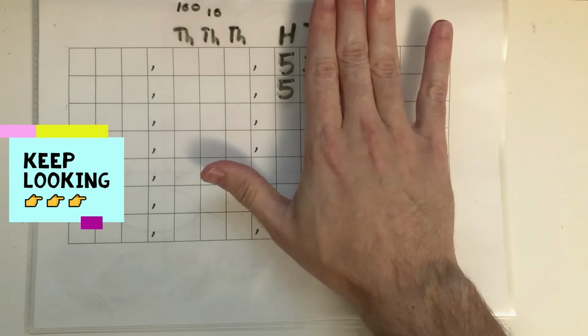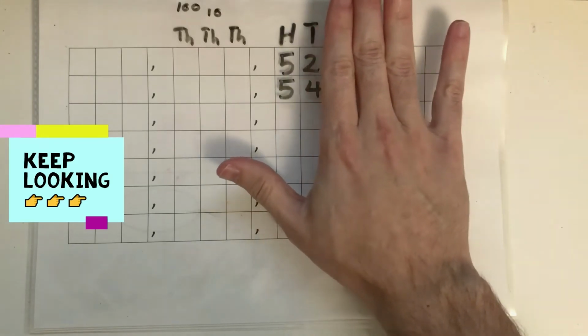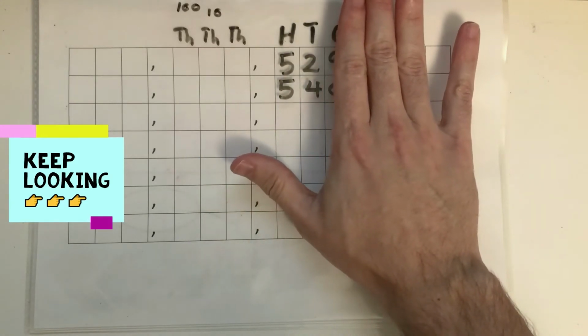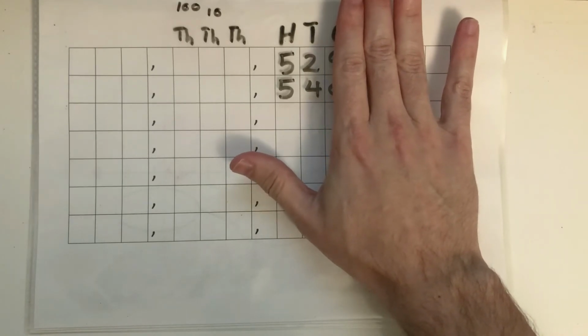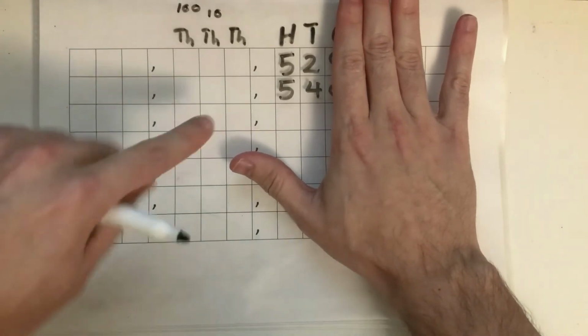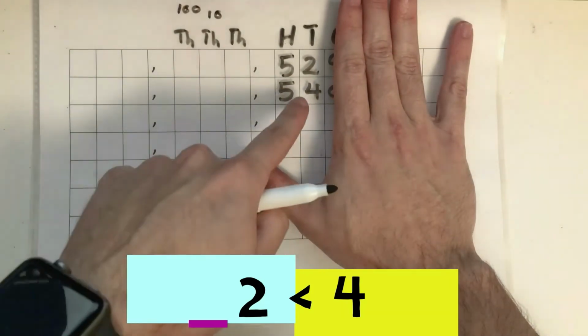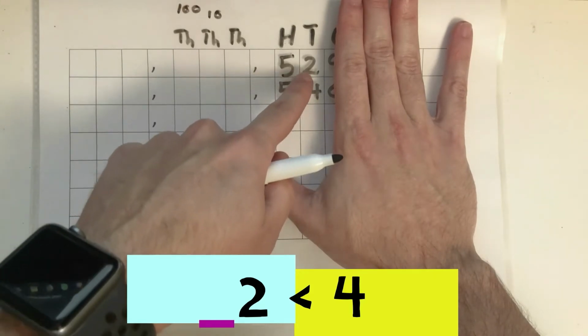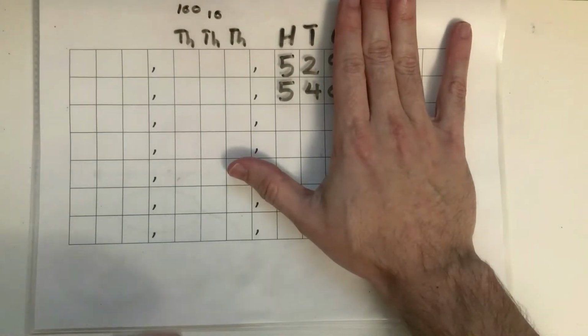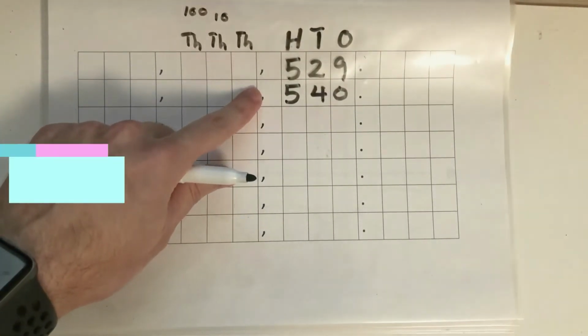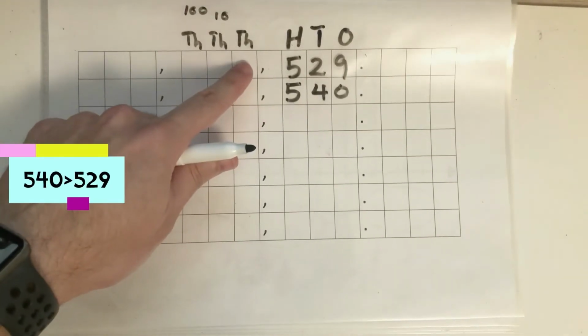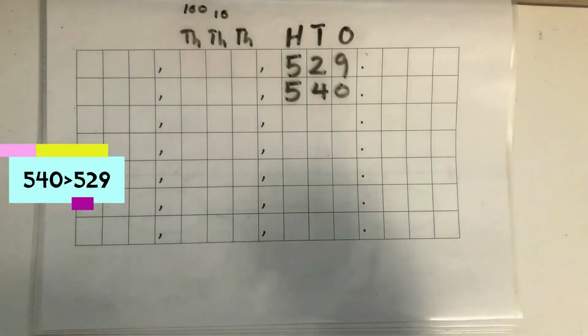So we need to compare the numbers on the tens place value next. If we look at the tens place value, we have 2 tens and 4 tens. 4 is greater than 2. So that means that 540 is greater than 529.